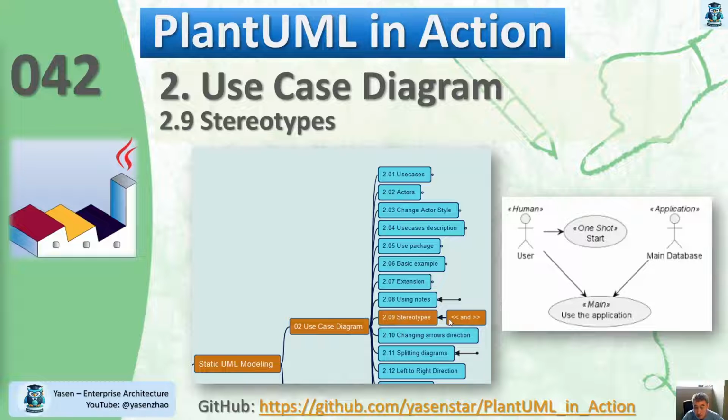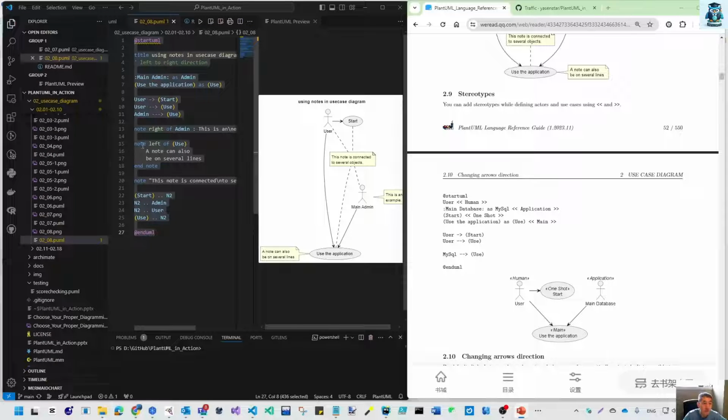The usage is exactly the same, just with certain differences in the style and the positions when you put that into the actor or the use case elements. So let's do the test altogether.